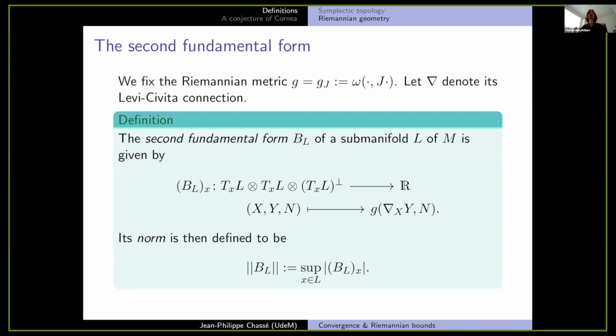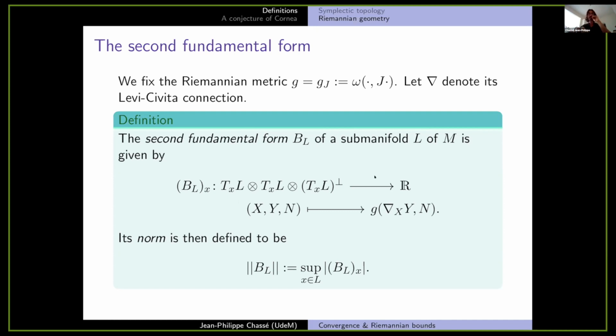Okay, so back to Riemannian geometry. The second fundamental form is a thing which takes two tangent vectors to a submanifold and one normal one, and it combines them together using the Levi-Civita connection. Essentially it calculates the failure of the submanifold to be totally geodesic.